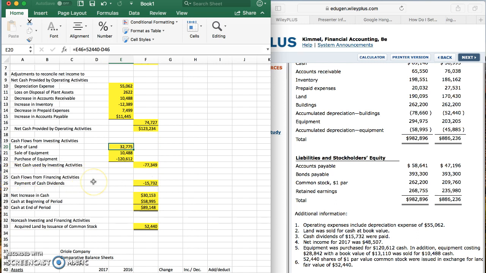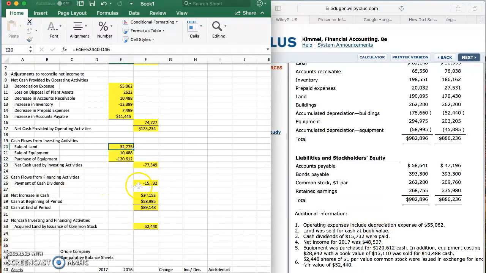Let's go down to cash flows from financing activities. So we know from the additional information that number 3, the cash dividends of $15,732 were paid.